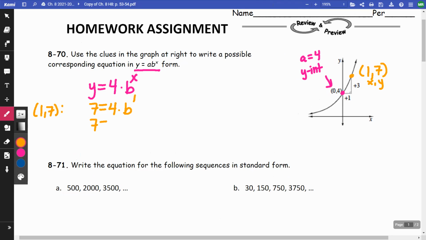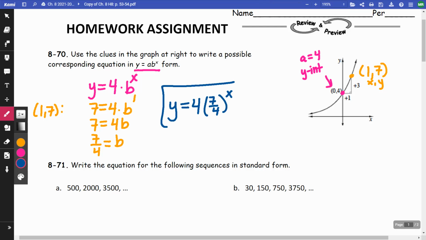Now, the nice thing about b to the power 1 is that's just a plain old b. So I get 7 is equal to 4b. Divide both sides by 4, and my b is 7/4. I would just leave it like that. So our equation is going to be y equal 4 times 7/4 to the power x. That is our equation.